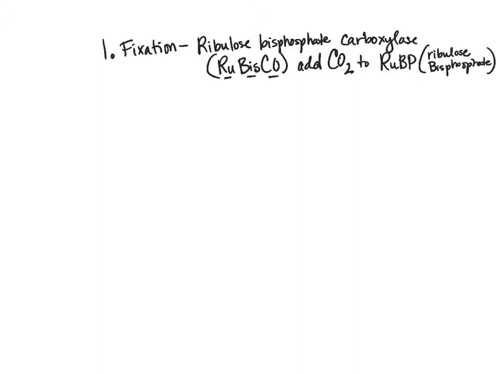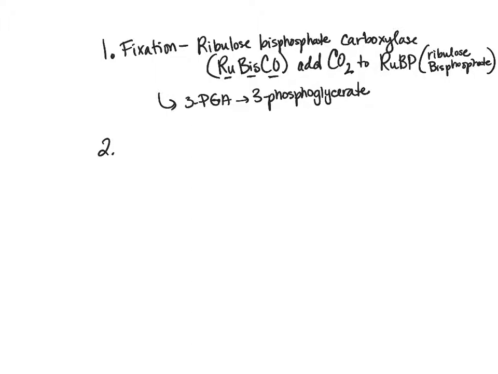When it does this, it results in 3-PGA, which is 3-phosphoglycerate. That is the fixation stage of the Calvin-Benson cycle.